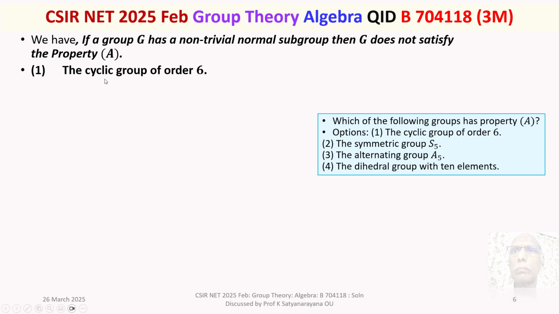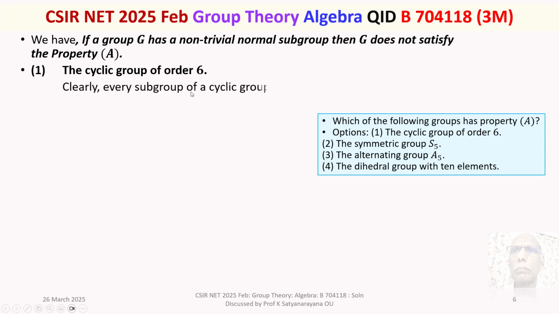In the case of a cyclic group, if D is a divisor of 6, then there exists a unique subgroup of order D. So, 2 divides 6, 3 divides 6, therefore it has proper subgroups, and in the case of a cyclic group, every subgroup is normal, therefore it has 2 normal subgroups of orders 2 and 3.